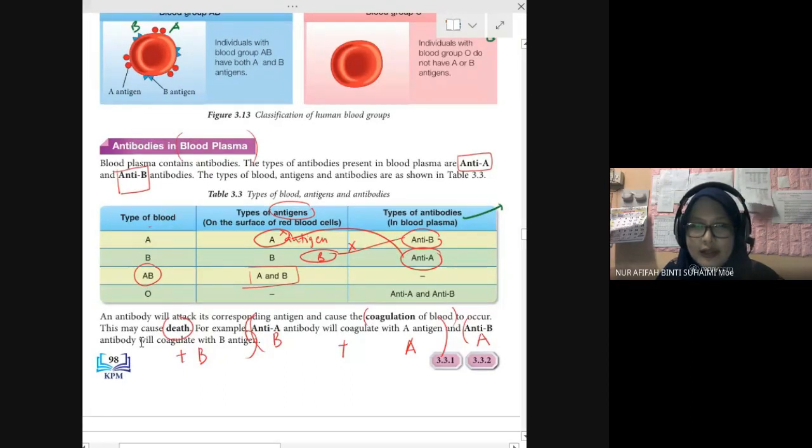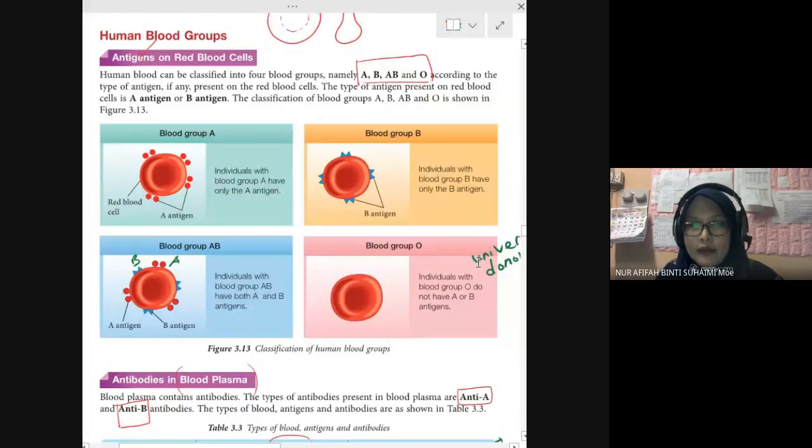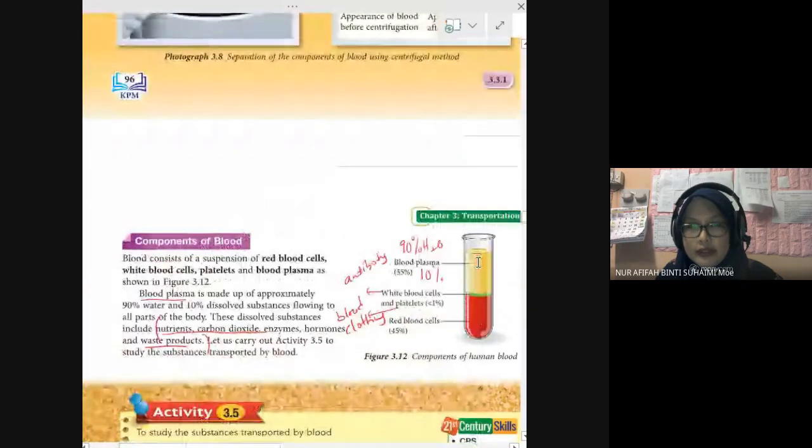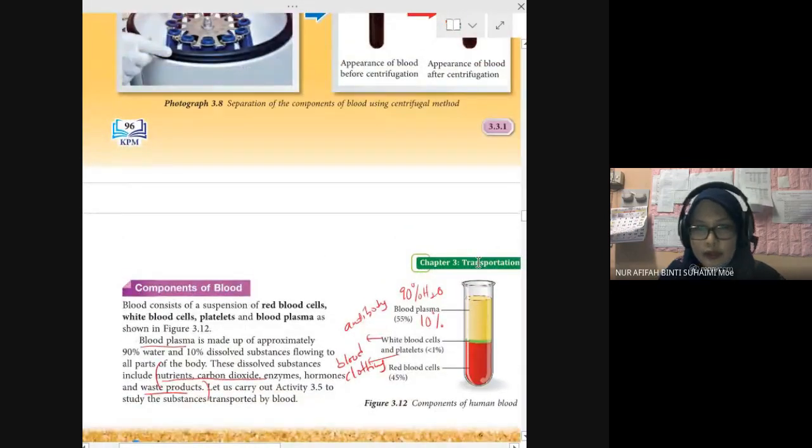Which one is antigen A, which one is antibody B. And then the 4 components of blood, with their own functions. Red blood cell transports oxygen, white blood cell acts as defense against germs and bacteria, platelet is for blood clotting, and blood plasma carries the dissolved substances.